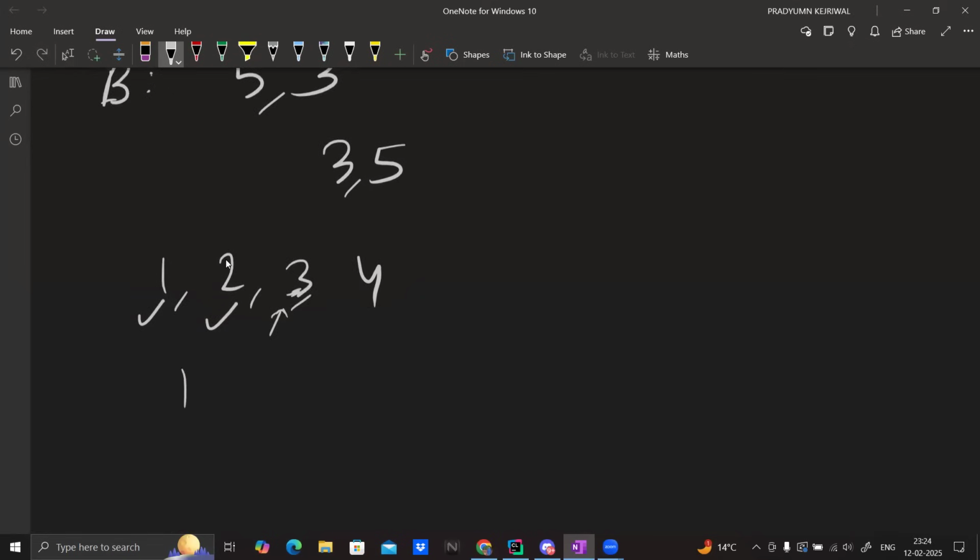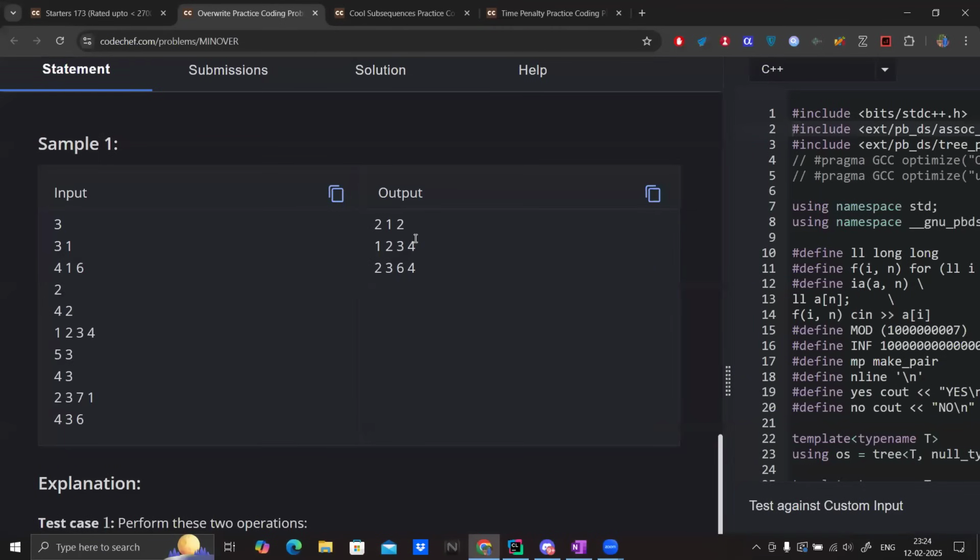This array will become 1, 2, 3 and 5. But this is actually greater than 1, 2, 3, 4 because 5 is greater than 4, right? So we won't do that. So basically the final array actually remains 1, 2, 3 and 4 in this sample test case. We don't do the operation at all. So the answer is this.